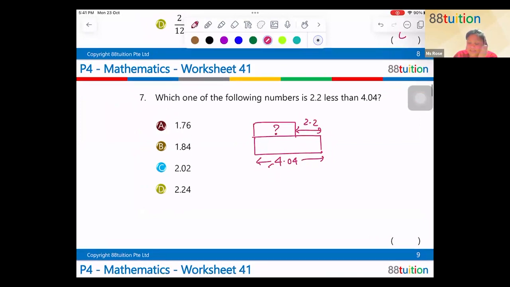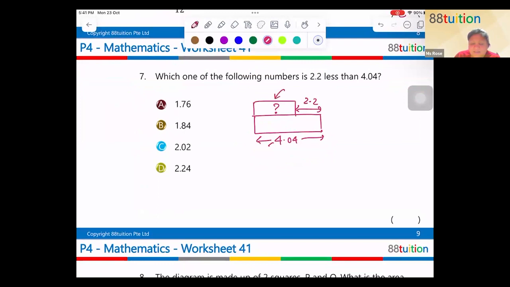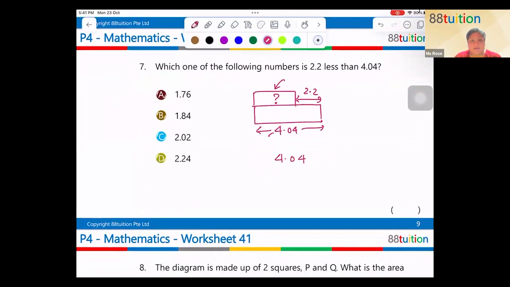So what you want to find is this number here. So to find the number, it will be 4.04 minus 2.20. What do I have? 1.84.